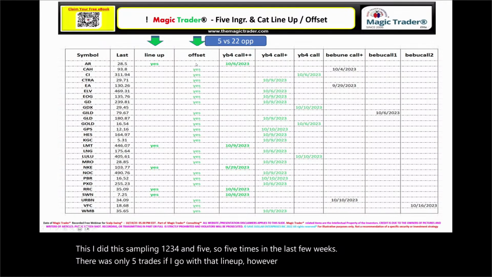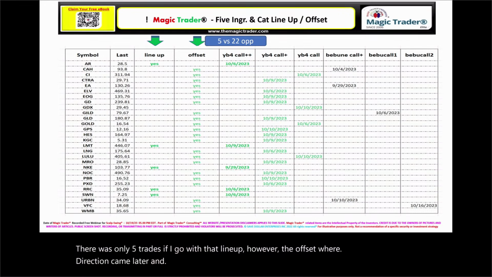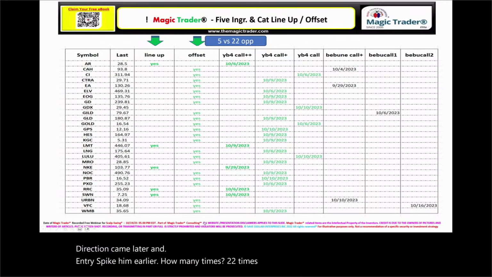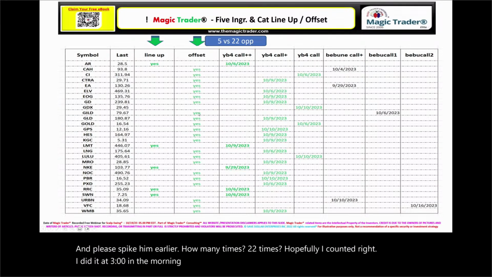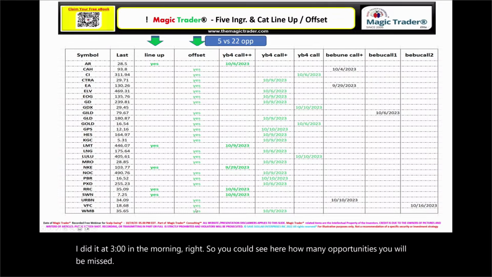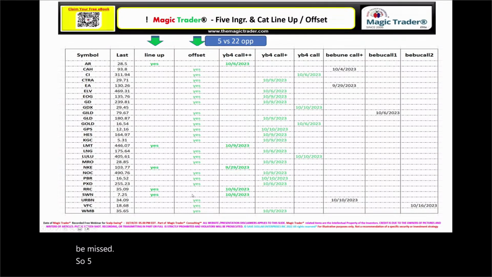However, the offset, where direction came later and entry spike came earlier, how many times? 22 times, hopefully I counted right. I did it at 3 o'clock in the morning. So you could see how many opportunities you would miss. So 5 plus 22, 27 opportunities just on the basis of scanning, a little-known secret.